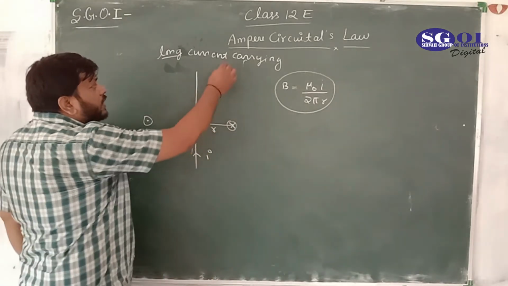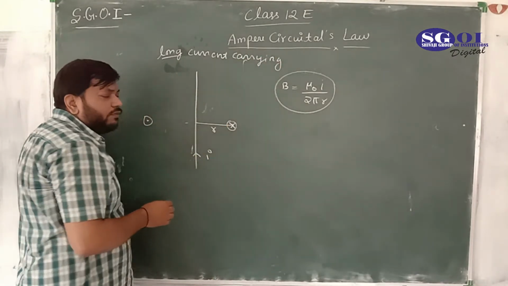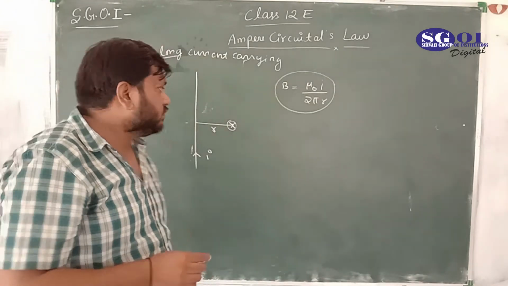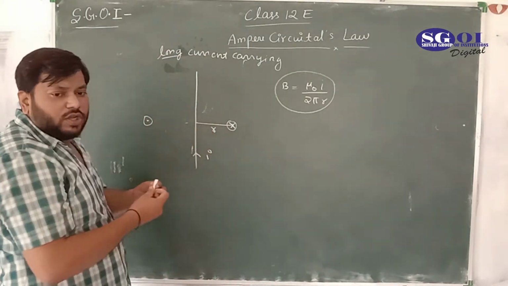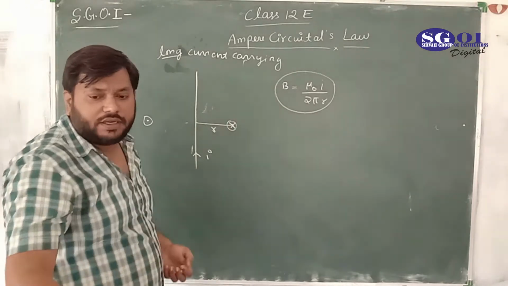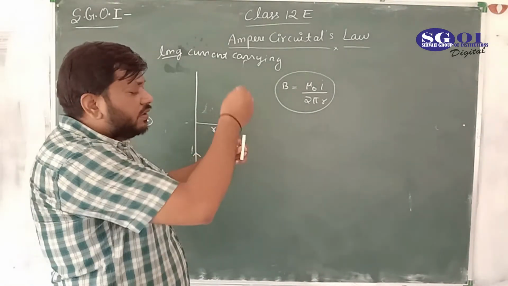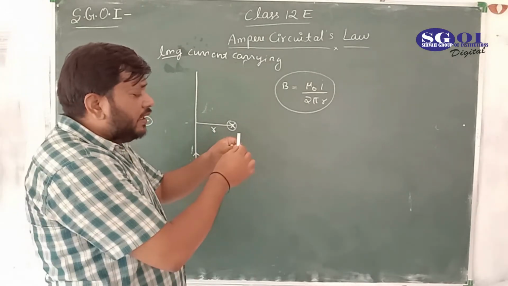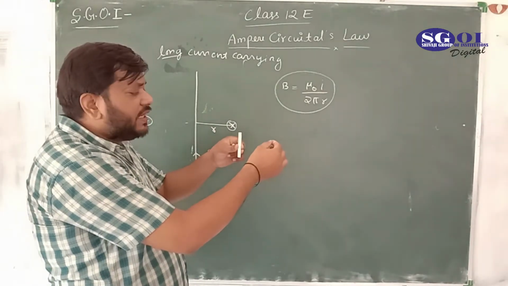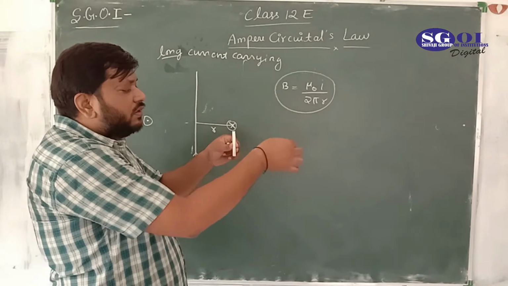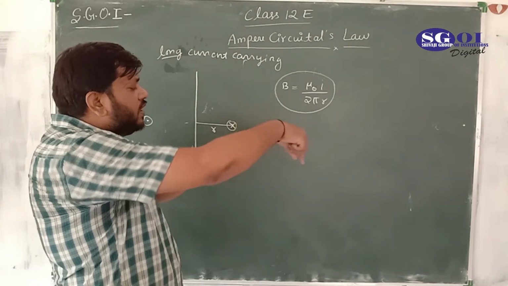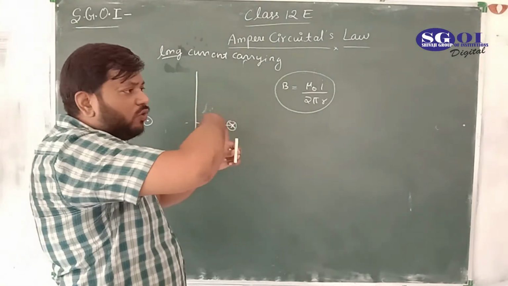Now we would assume an Amperian loop. So what would be the Amperian loop here? Actually, the magnetic field because of this wire, suppose this is a wire and the current is flowing like this, the magnetic field direction at this point is this way, at this point is this way, so it would go round in a circle.